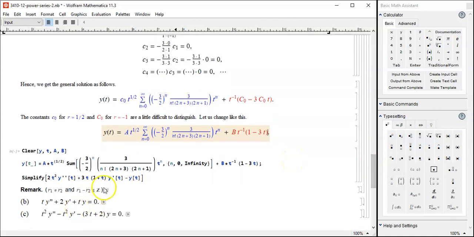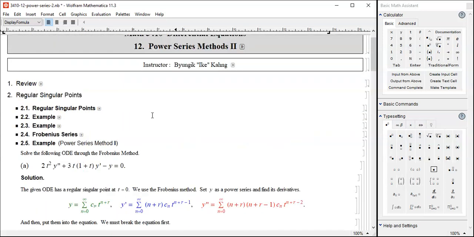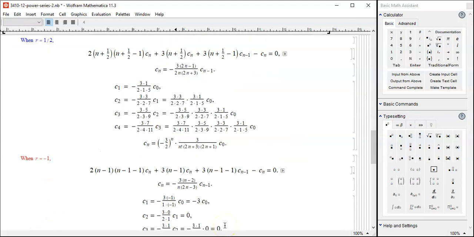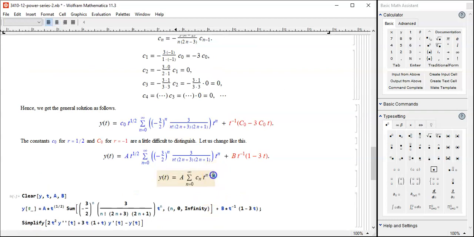Most of the time, you're going to get an answer that looks like this. y of t is A times the Frobenius series, where is it? Here we go. B times the Frobenius series, and that's -1.